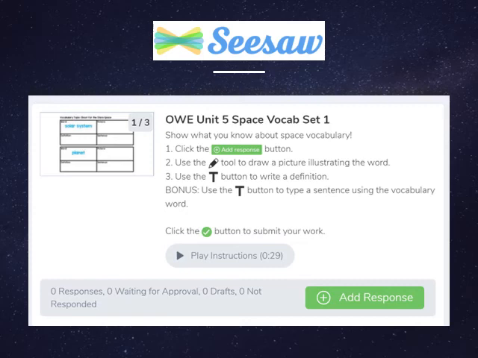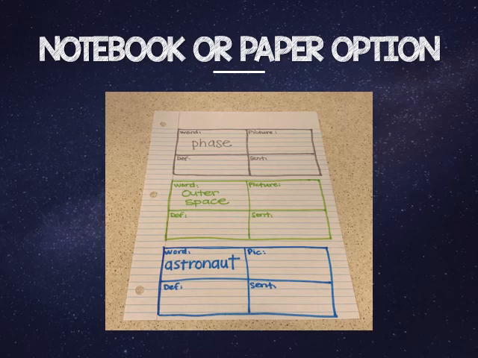If you do not have access to Seesaw or the internet, remember you can use notebook paper. Make your 3 boxes. Split each box into fourths. Write the words phase, outer space, and astronaut. Draw a picture of what each word means.